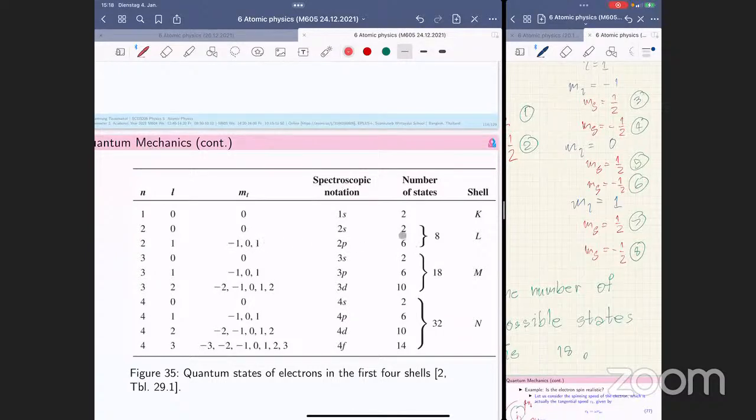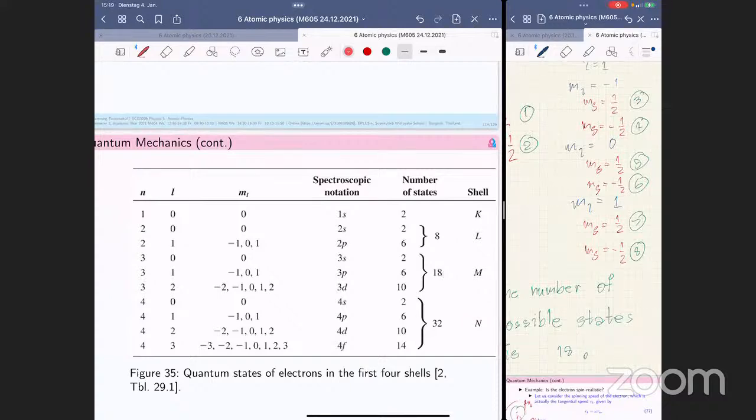So when we combine these 2 and 6, we get 8 states. And this is KLMNOP, right? That's the shell symbol.